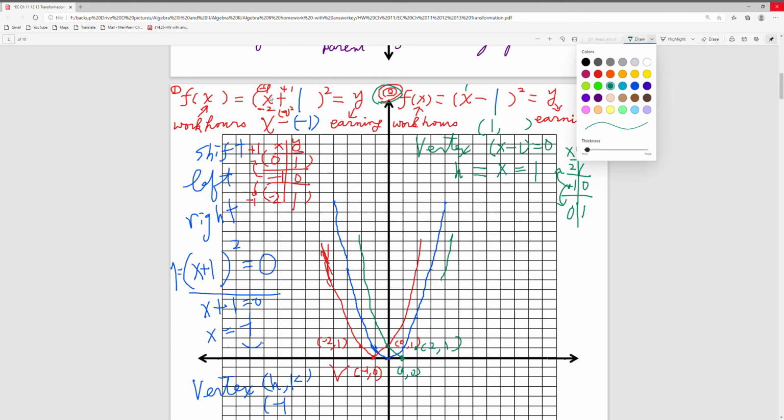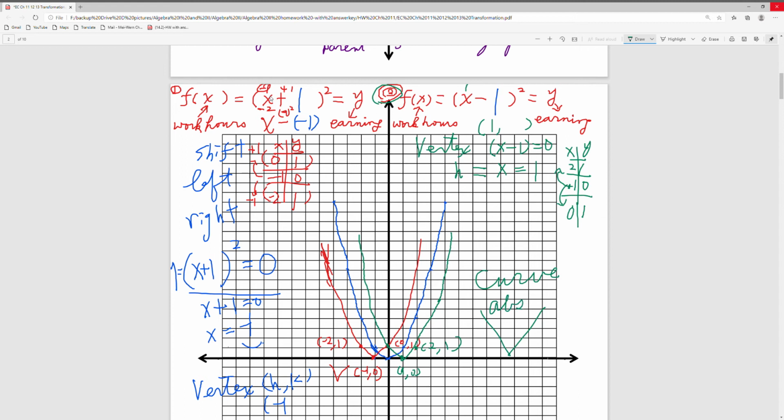But since we understand the concept of the basic function, we only need 3 points and connect with a curve. Don't connect 3 points with a straight line. Then we call this the absolute value function.